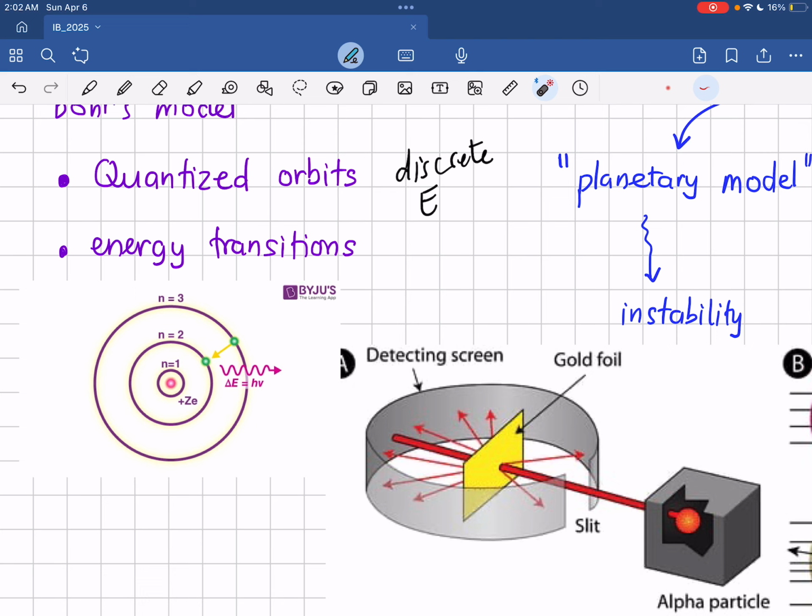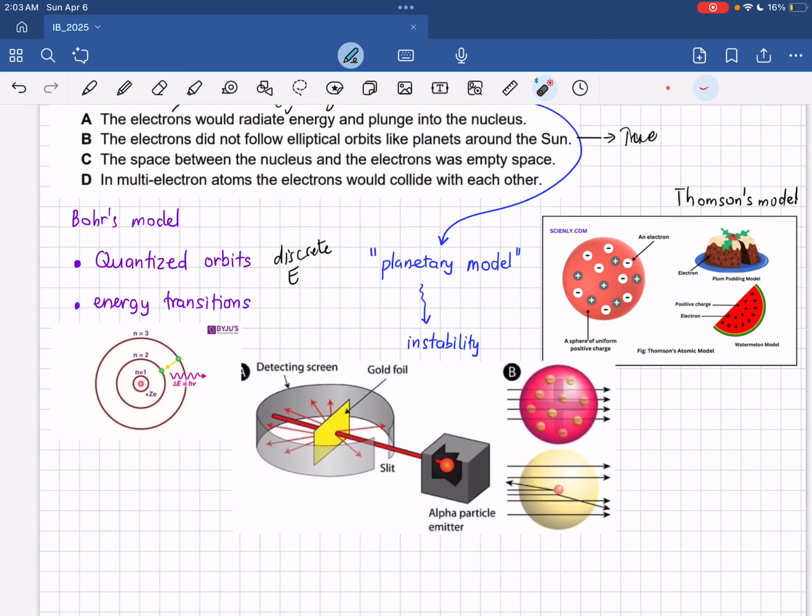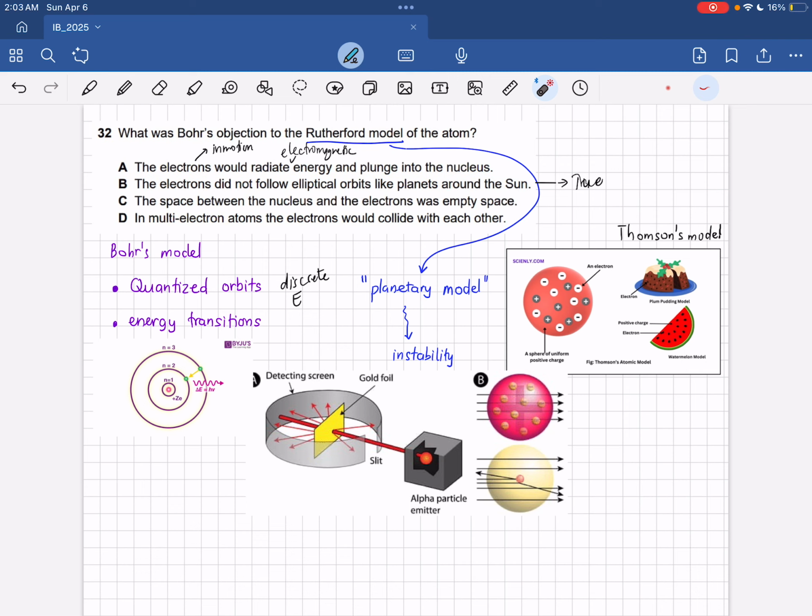Or the other way, if an electron is on a lower orbit and receives energy from a photon shining on it, it gets excited and jumps to a higher energy. So basically the Bohr model tries to explain this, which cannot be explained by the Rutherford model.